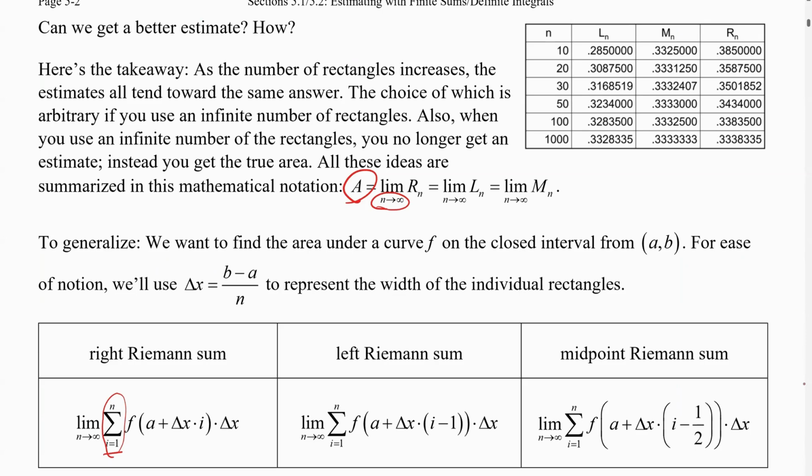And we multiply the height of each rectangle times the width of each rectangle, delta x being the difference between the x values broken up into n separate pieces, and then we make that number of subintervals go to infinity, and we will end up getting the area under the curve.